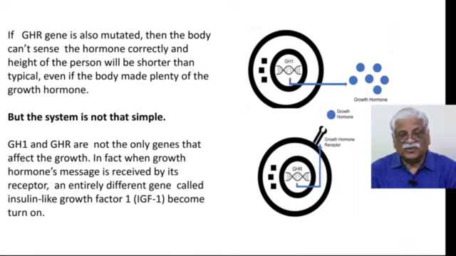But the system is not so simple here. There are again some complications. The growth hormone gene and growth hormone receptor gene are not the only genes that affect growth. In fact, when the growth hormone message is received by its receptor, an entirely different gene known as IGF-1, insulin-like growth factor, becomes active or turned on.